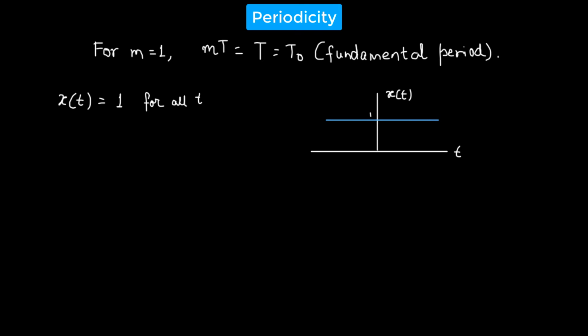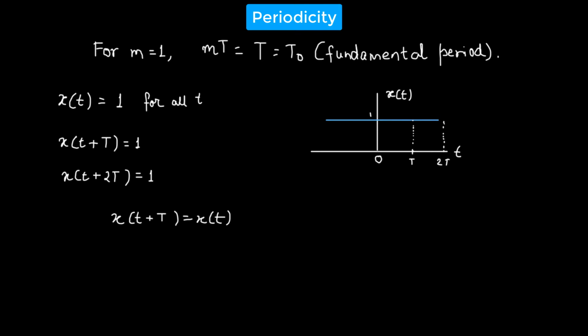So this function is not said to be periodic, although here we can say that x of t plus T is also equal to 1. Let's say this is 0. After a time period of T, we see that the function has the value of 1. After a period of 2T, it's again having a value of 1. So x of t plus 2T is also equal to 1, even though this function is satisfying the condition that x of t plus T is equal to x of t, whose value is equal to 1.